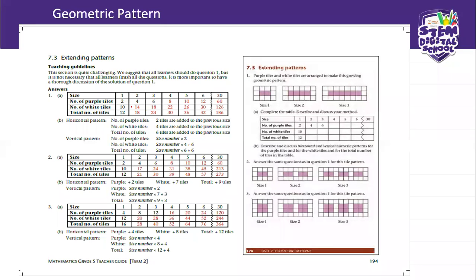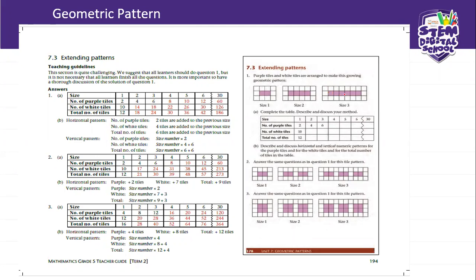For example, I know that the purple blocks are going to increase by 2, so I know size 3 would give me 6. The white blocks are increasing by 4, so I know the following would be 18, and the total amount would be 24, because this keeps on adding by 6.